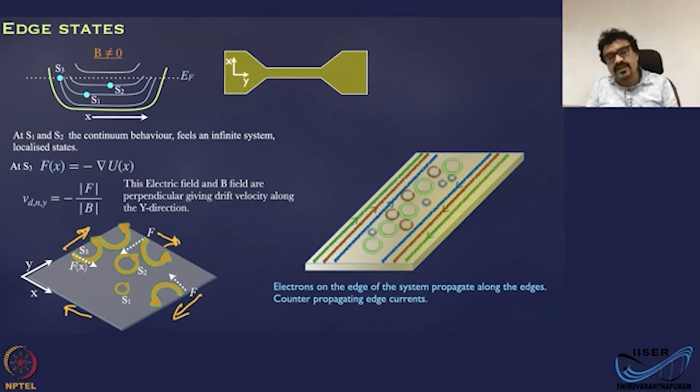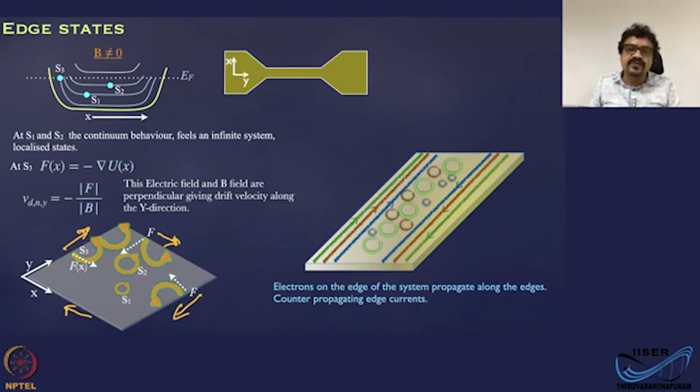So there will be a drift of these states, which is given by the Lorentz condition again, where the direction is perpendicular to both the field and the force, that is along the edge, because the force is normal to the edge, so the electrons are going to move along the edge.